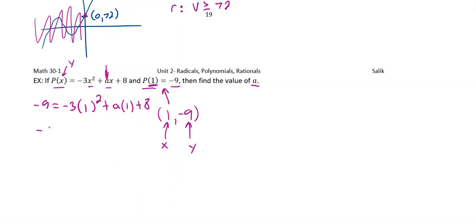Okay, so that's going to be negative 9 is equal to negative 3, because 1 squared is just 1, plus a plus 8. Okay, so negative 9 is equal to negative 3 plus 8 is 5 plus a, and then minus 5 minus 5, so we get negative 14 is equal to a.